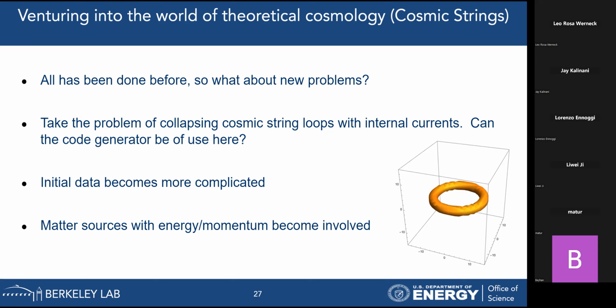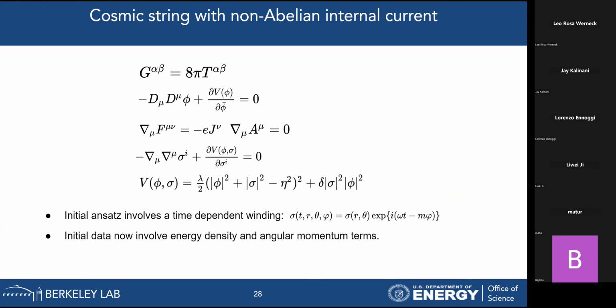The problem, of course, is that with internal currents, the initial data becomes more complicated, since you cannot ignore the momentum constraint anymore. You actually do need to solve it in addition to the Hamiltonian constraint. And we also now have matter sources with energy and momentum in the evolution equations as well. So we need to be able to handle those.